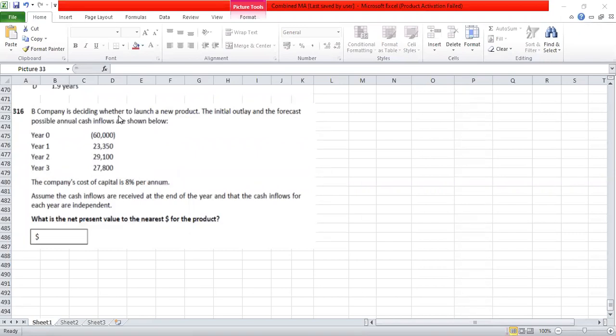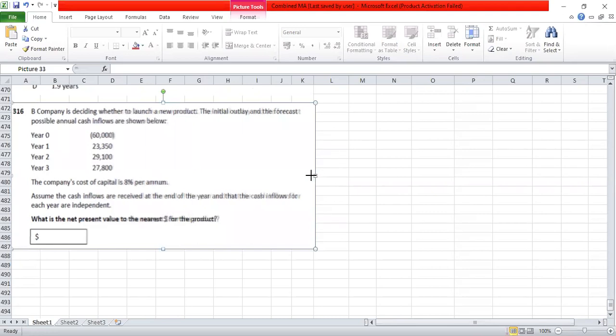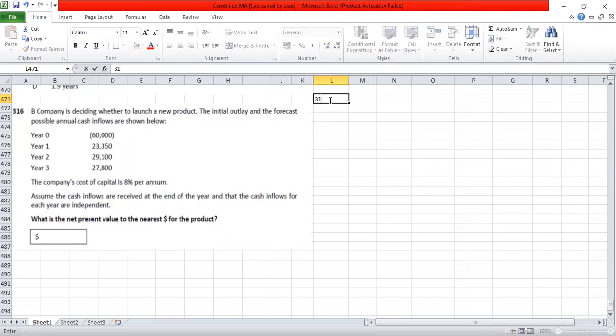Assume the cash inflows are received at the end of the year and that the cash inflows for each year are independent. So let's write. See, here it is not profit like the previous question; straight away we have cash inflows mentioned. We can directly take them as cash inflows.